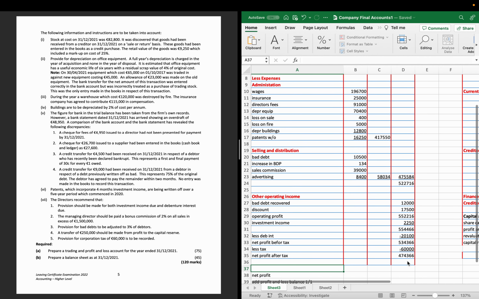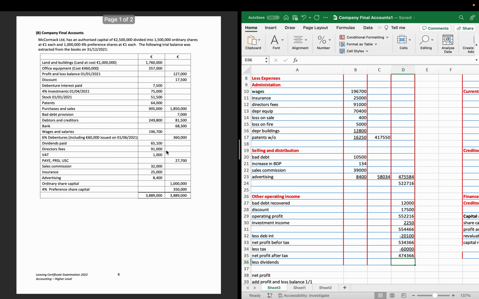Then your final parts are to take away your dividends. The dividends were in the question, dividends paid, nothing due, so it's just 65.1.